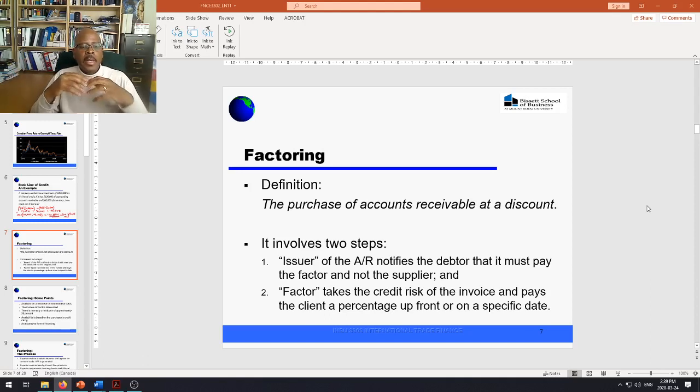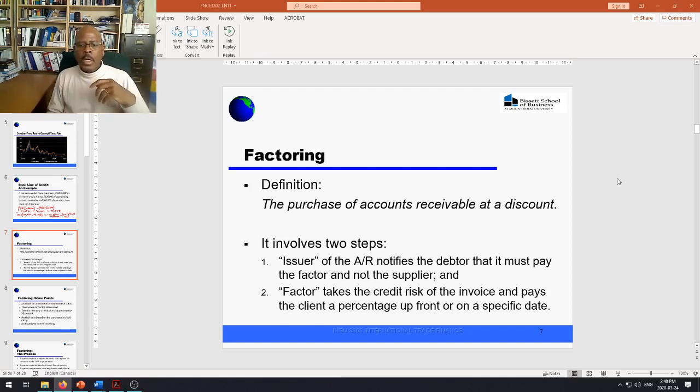Then the factor takes on the credit risk. The factor will pay the exporter a certain amount of money for the accounts receivables, and there will be a document that says that, and accepts the credit risk, the fact that the importer may not end up paying, as well as other risks involved. The factor pays the exporter a certain amount upfront, based on the conditions.